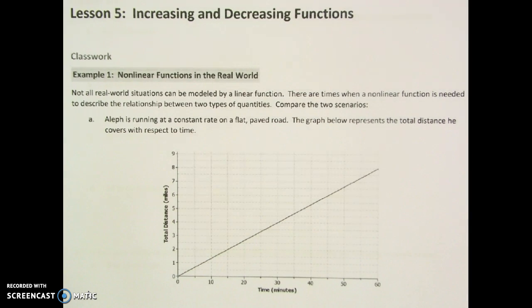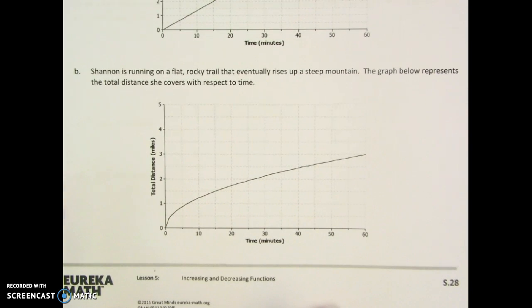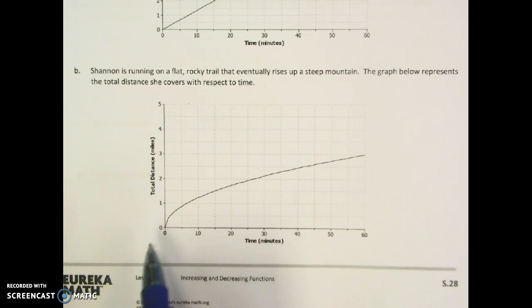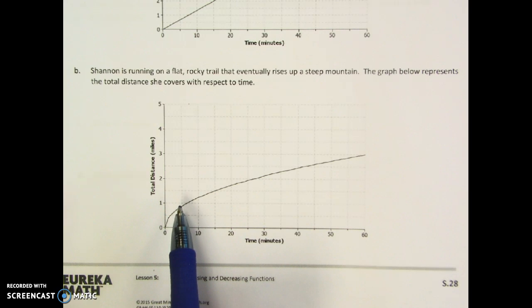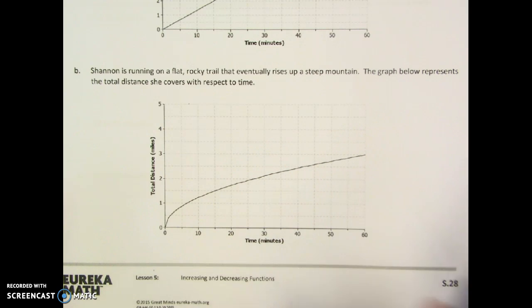Now, if we look at question B, this is Shannon, and she is running on a flat rocky trail that eventually becomes a steep mountain. So she can go fairly fast where it's flat, but as she gets to the steep part of the mountain, she goes slower and slower.